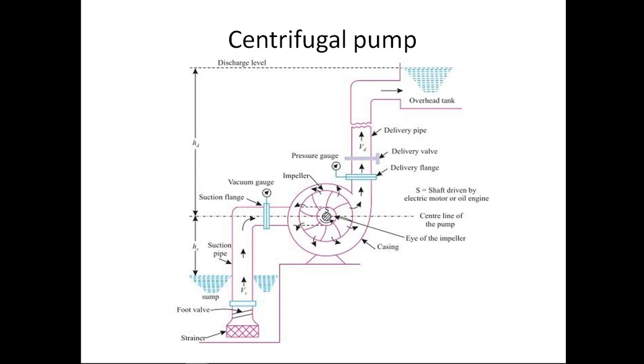It is mounted on a shaft which is coupled to an external source of energy, for example an electric motor, which imparts the required energy to the impeller. The impeller gets mechanical energy and converts it to the kinetic and pressure energy of the fluid.